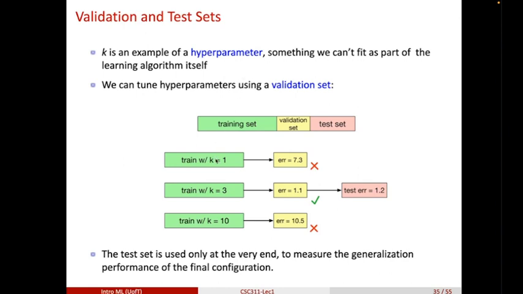We have a train set. We select a random K value. In this case, here it's 1, here it's 3, here it's 10. We calculate the error based on this K value. We find that the lowest error is when you choose a K value of 3, and so we pick that as our K value to then test.